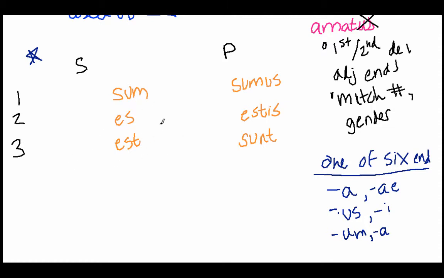and see how the ending matches the case, number, and gender of the subject, because see how all of these are in the nominative case, and we know it has to match the subject, so it must be nominative as well, because subjects are always nominative.